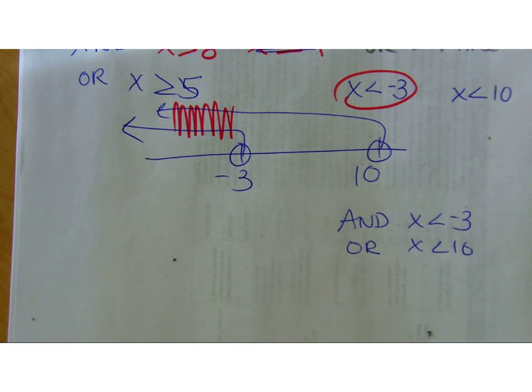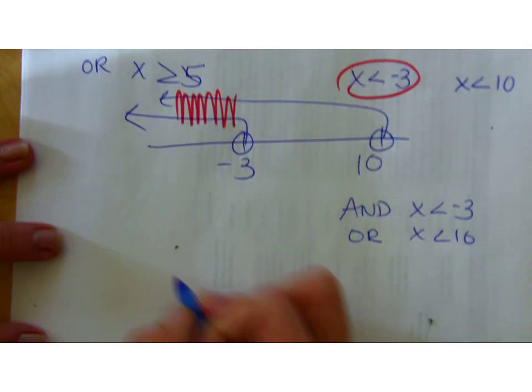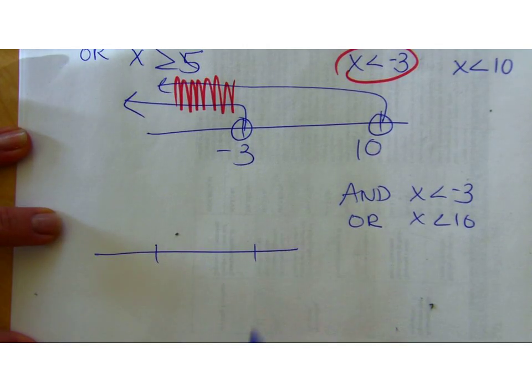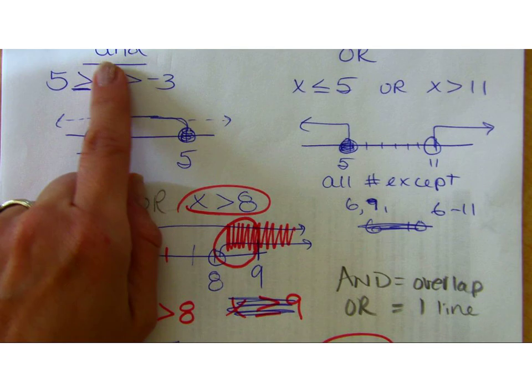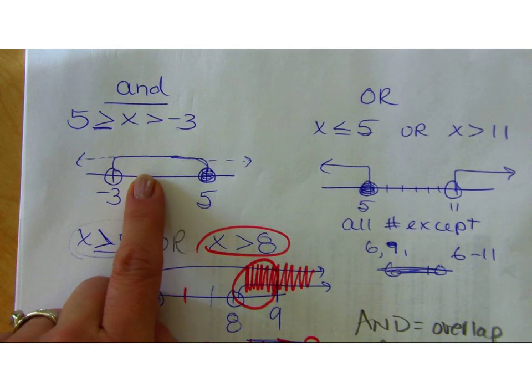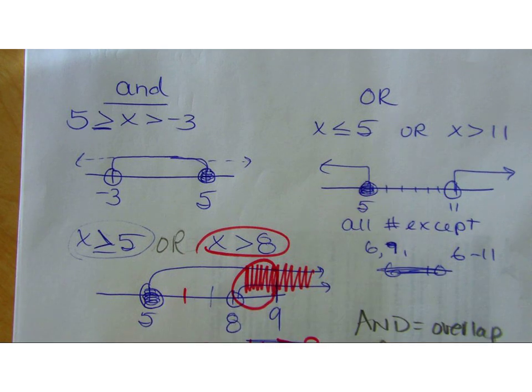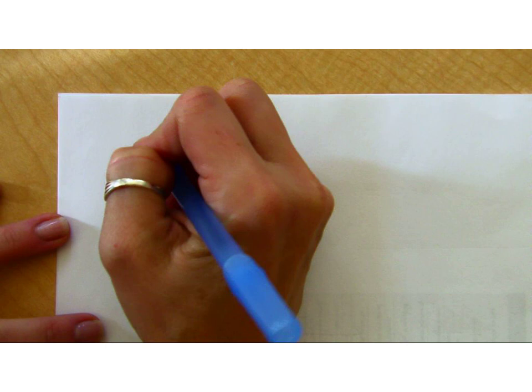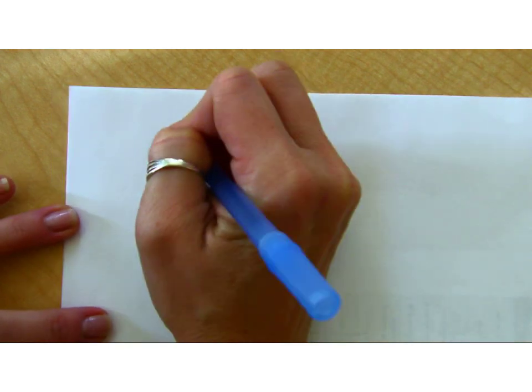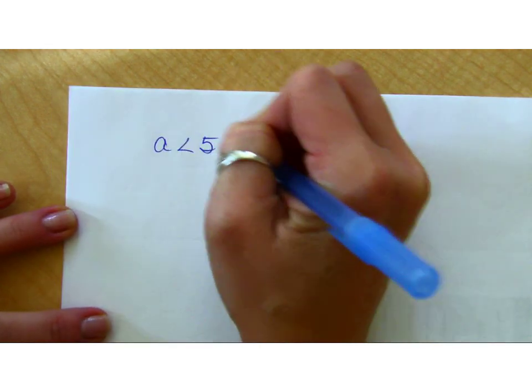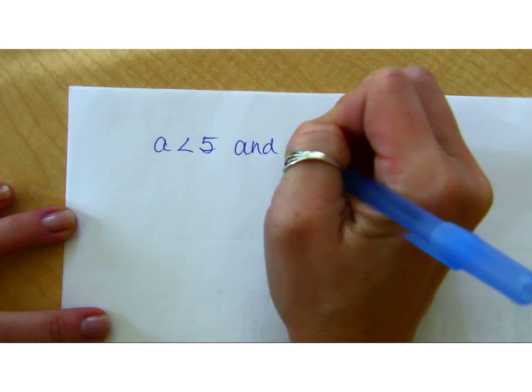Okay? Here's the other thing that happens. I said normally ands look like this. What if an and looked like that? Meaning, ready? Just kind of blow your mind a minute here. Hey, I want you to come up with a number that is less than 5 and greater than 8.